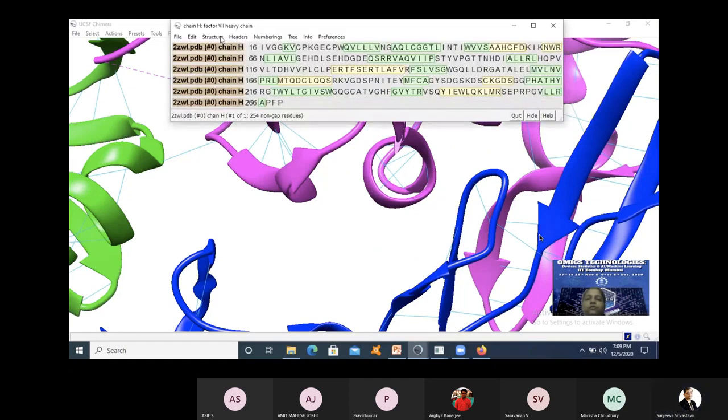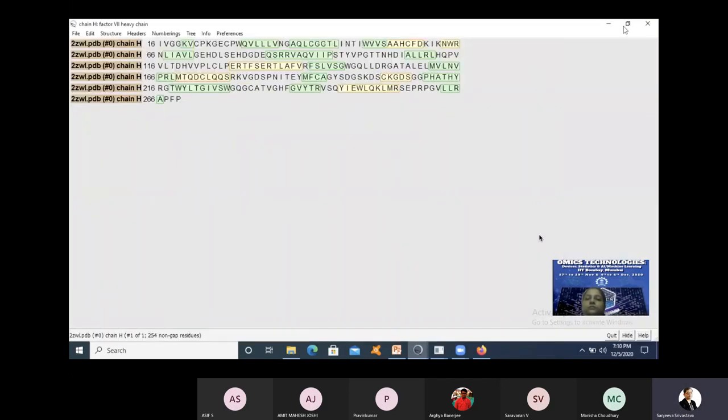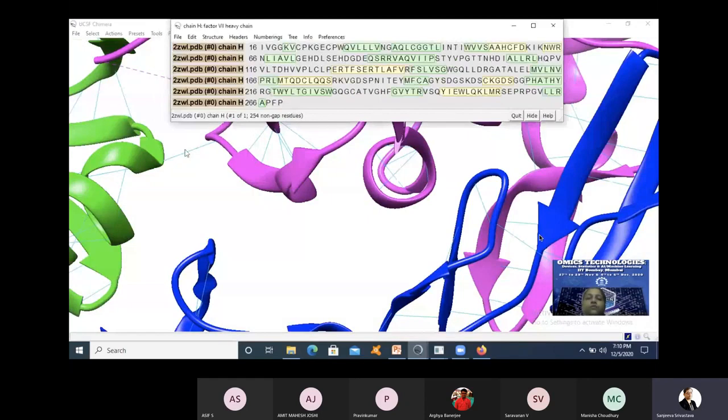We know that the residue is phenylalanine 129F, so let us look for that. This is phenylalanine 129F. We have selected the residue.